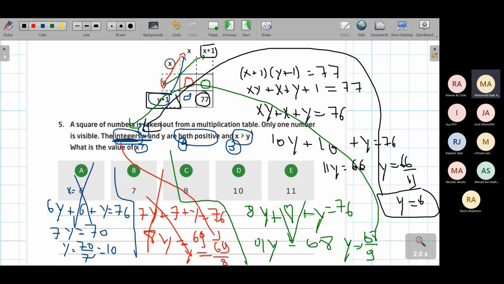Excellent. Now I need to figure out if it is positive and if x is greater than y. 6 is positive, also 10 is positive. So till now the answer is acceptable. Now is x strictly greater than y? Is 10 greater than 6? Yes. So this is the right answer.